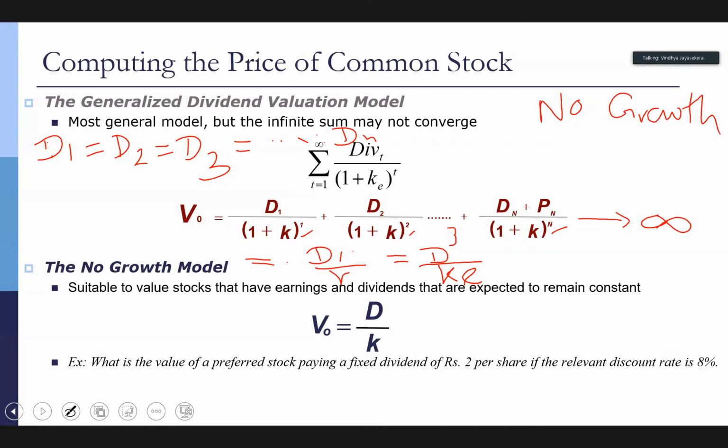Here we assume dividends are constant. There is no growth in dividends, right? The dividends in year 1 is the same as dividends in year 2, is the same as dividends in year 3. The most common type of example for dividend discount models is preference shares, where preference shares pay you a constant dividend forever if it is an irredeemable preference share, right?